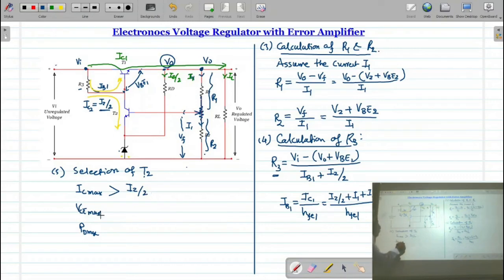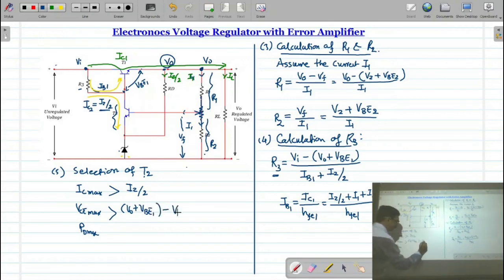Then what is the VCE? VCE, this collector-emitter voltage here. If you see, the emitter voltage is at VZ potential and the collector potential is VO plus VBE1.